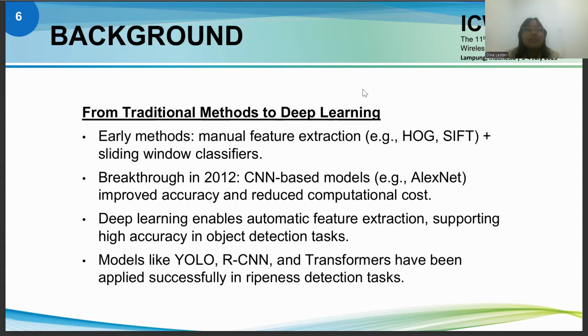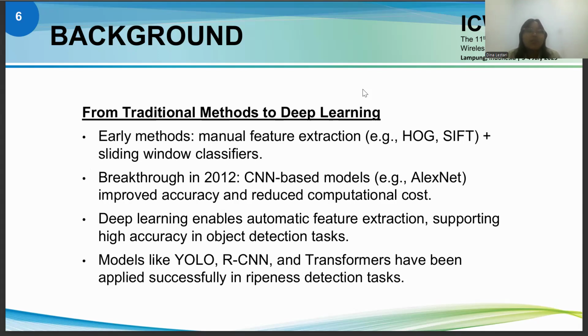And this is the background about the study. Traditionally, object detection used handcrafted features, including HOG and SIFT, combined with sliding window classifiers. These methods were often inefficient and less accurate.